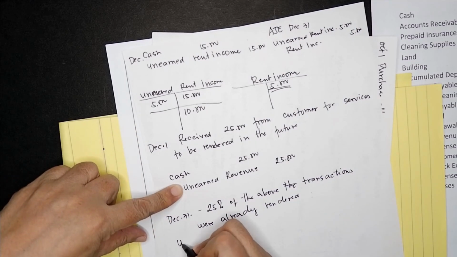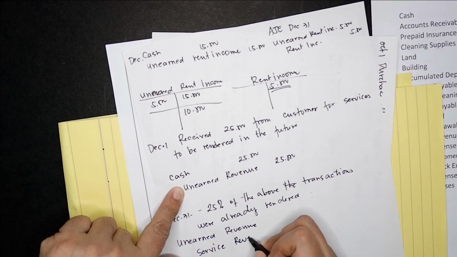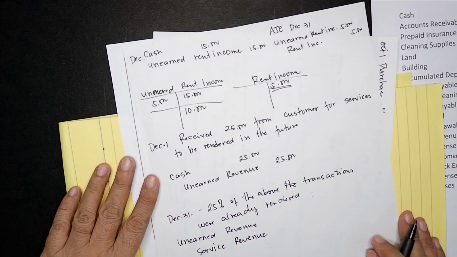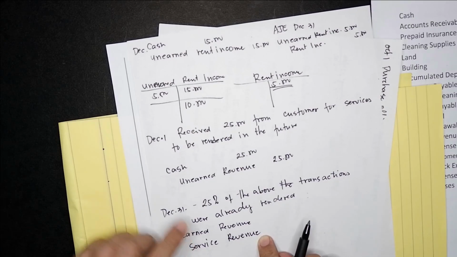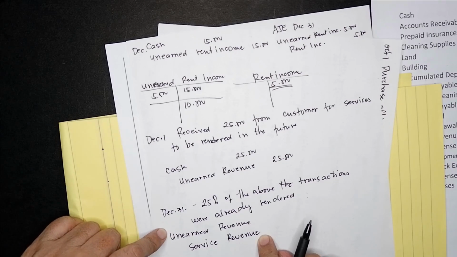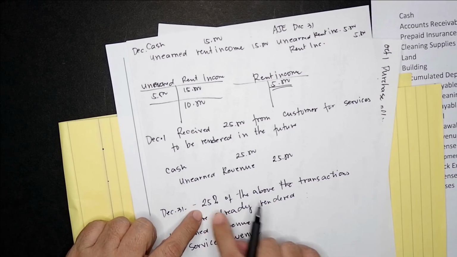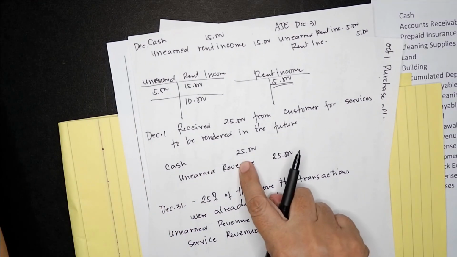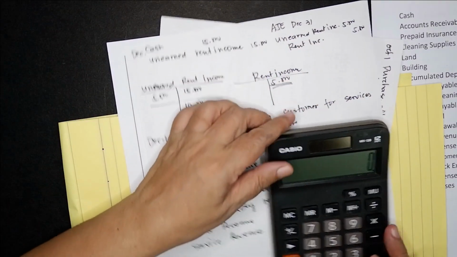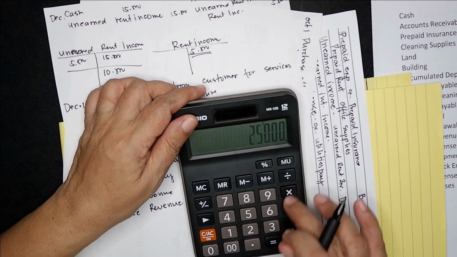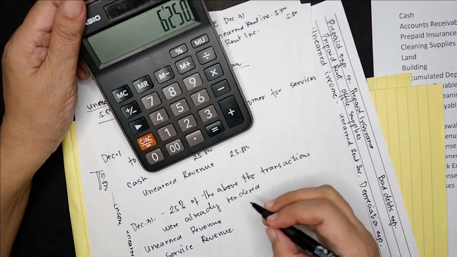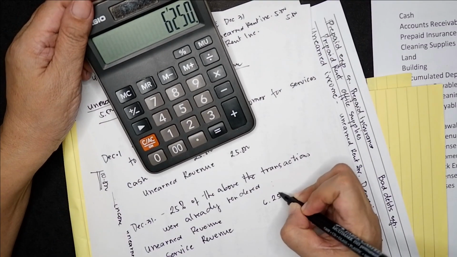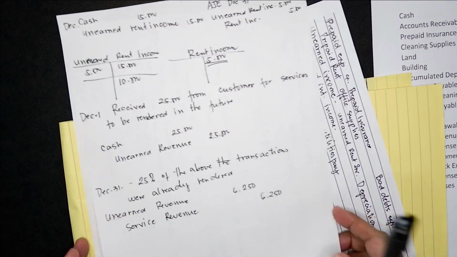So, debit unearned. Okay. So, what amount we're going to use? That is the service revenue, what we have earned already. And in our additional information, it says that we already rendered 25%. So, how much is 25%? So, that is 25,000 times 0.25. That is 6,250. So, 6,250.